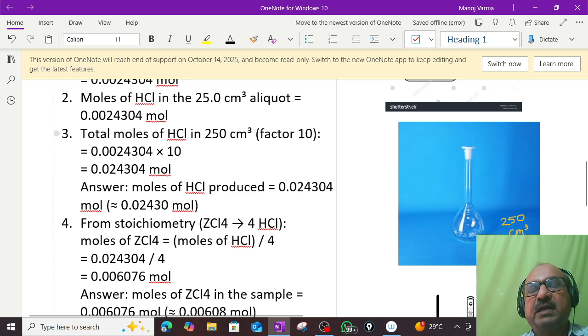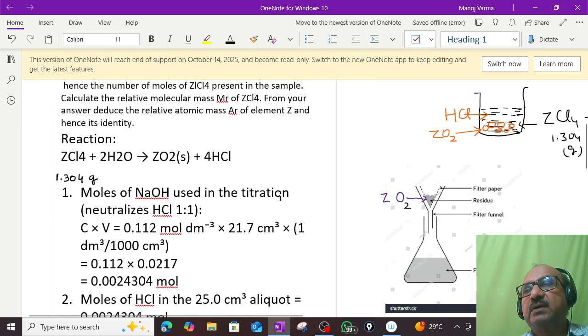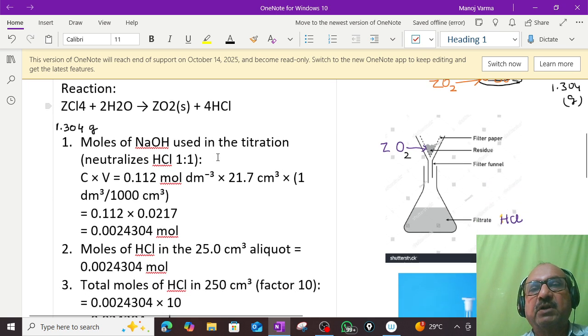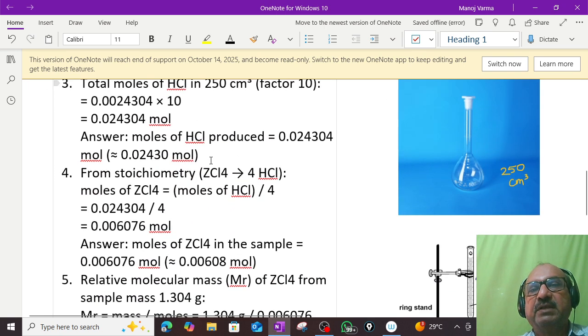And now we consider the stoichiometry, that 1 mole of ZCl4 gives 4 moles of HCl. So the number of moles of ZCl4 will be 1/4 of the number of moles of HCl. So we divide it by 4 and we get the number of moles of ZCl4.